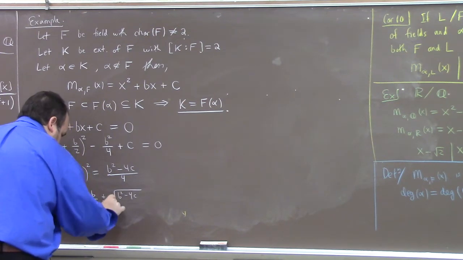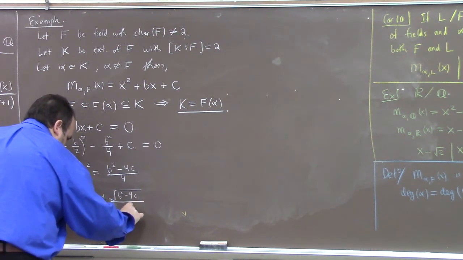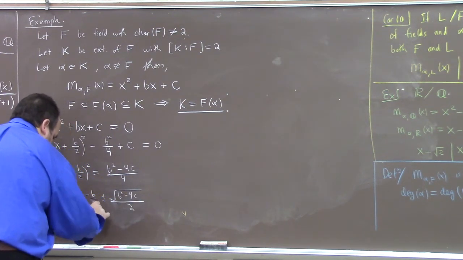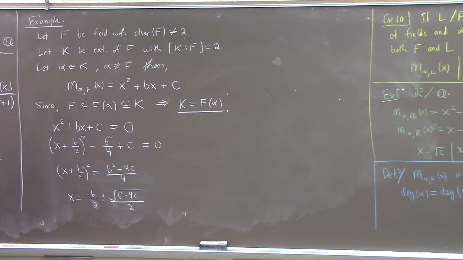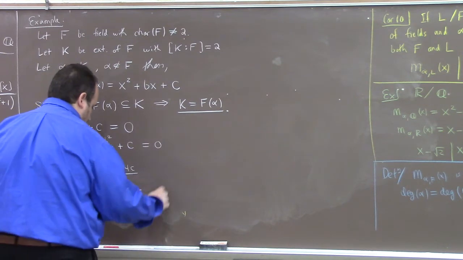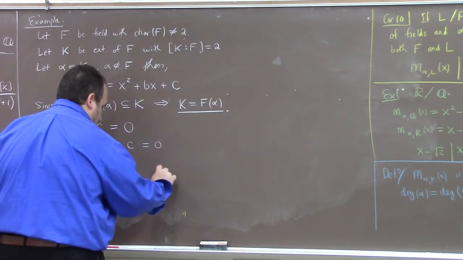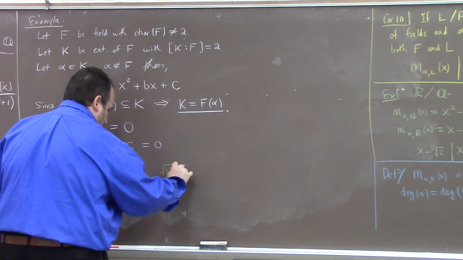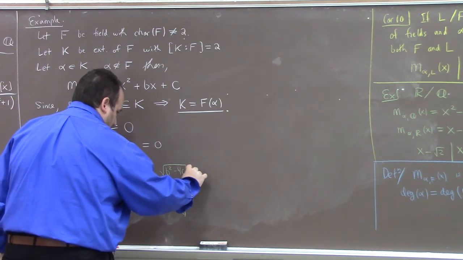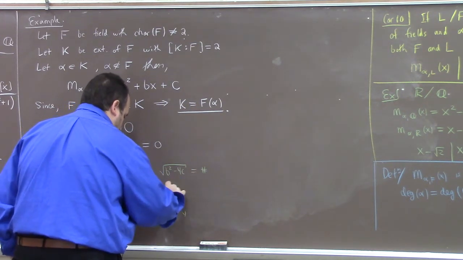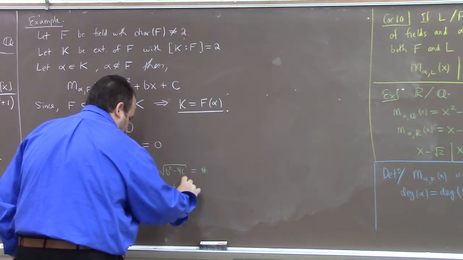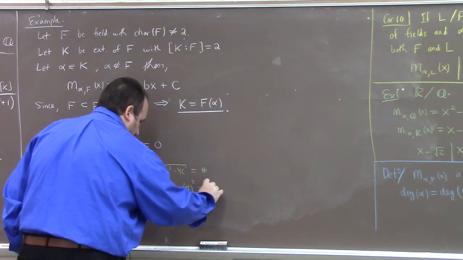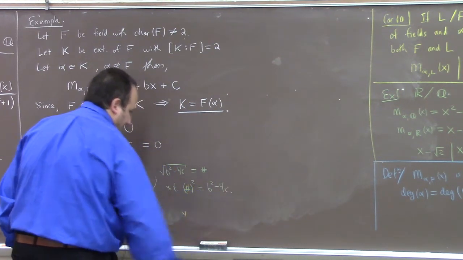I'll put the 2 outside the root, over 2. Where this is just notation, all right? Square root of b squared minus 4c is equal to a number such that the number squared is equal to b squared minus 4c, right?